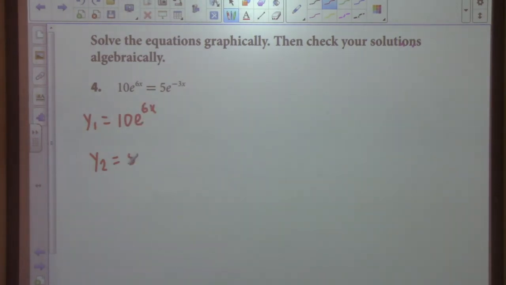Okay, so we have 5e to the negative 3x, and I heard Jace, amidst the cacophony of answers there, saying about adjusting the window. And what would be the timing of adjusting the window versus putting these in the calculator?